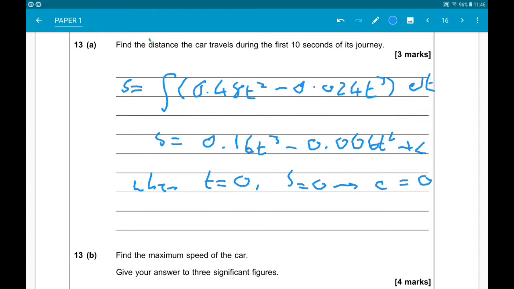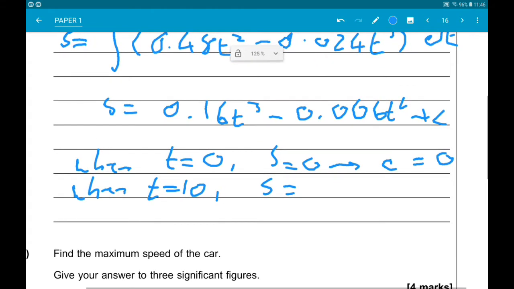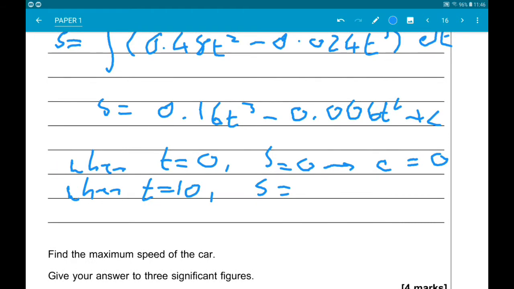So when t is 10, S is 0.16 times 1,000, so that's 160, minus 0.006 times 10,000, so that's minus 60. So that gives us 100 meters.